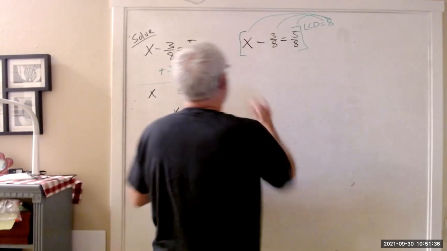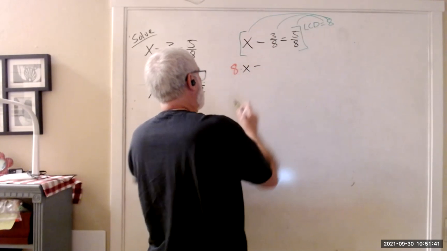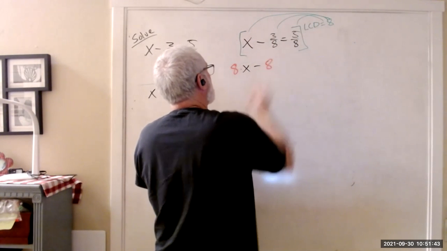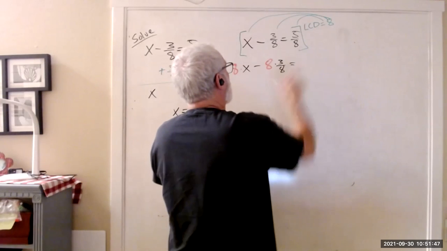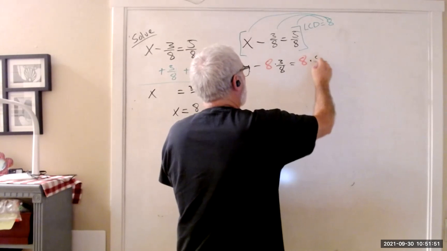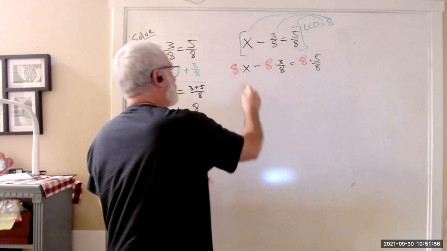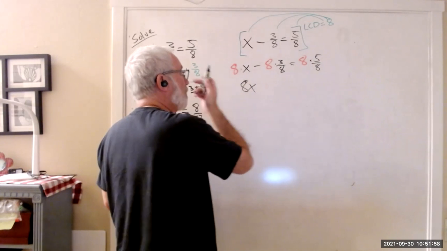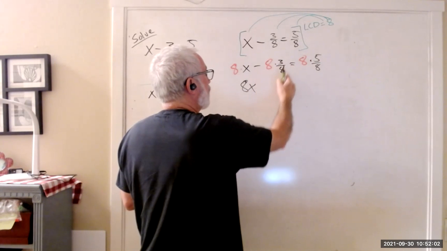we get 8 times the x minus 8 times 3/8 equals 8 times 5/8. Now what's going to happen here, this is going to be 8x. What's going to happen is 8 times 3 is 24 divided by 8.